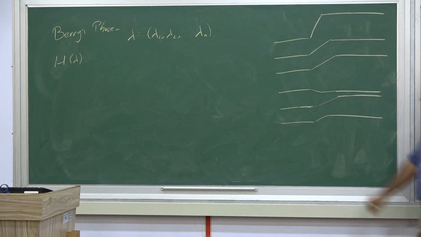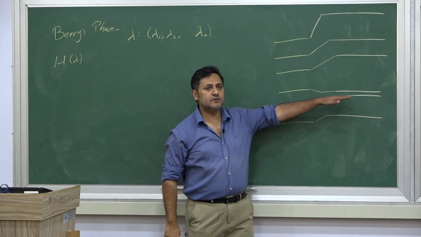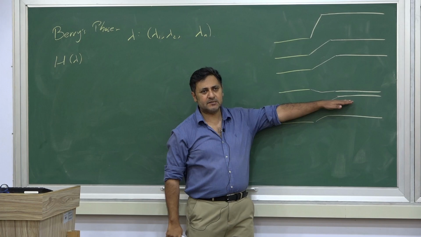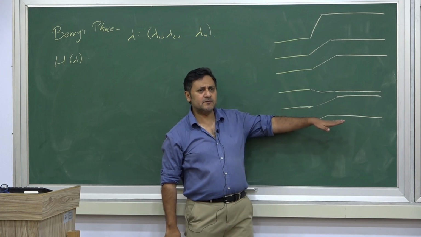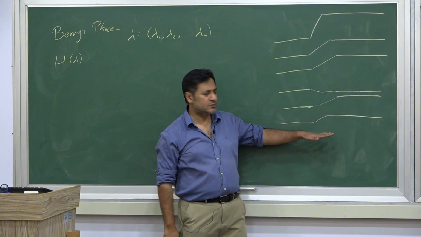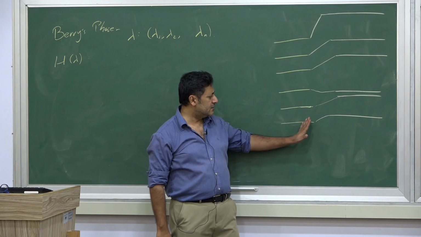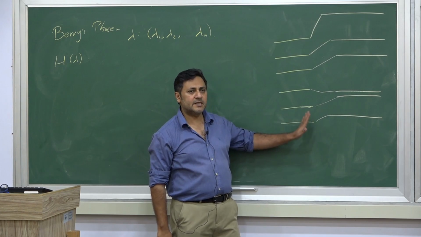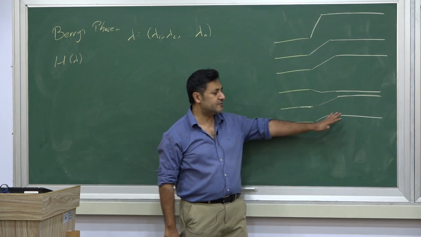But if I dial these up slowly, I'll smoothly move over to the corresponding state in the new spectrum. And in particular, which is very easy to verify experimentally, if you are in the ground state, then if you make an adiabatic change in your Hamiltonian, you will remain in the ground state.